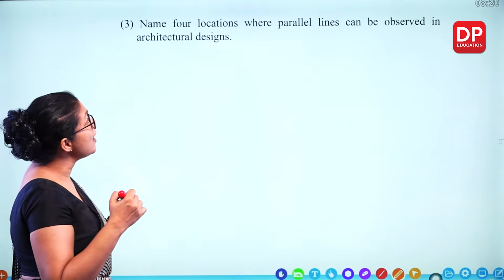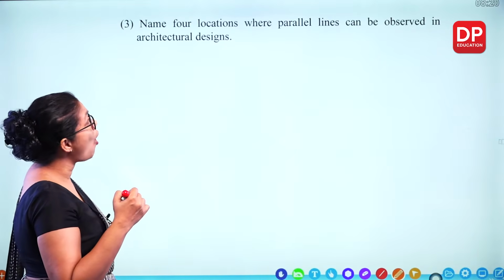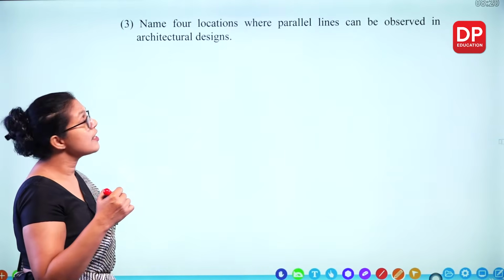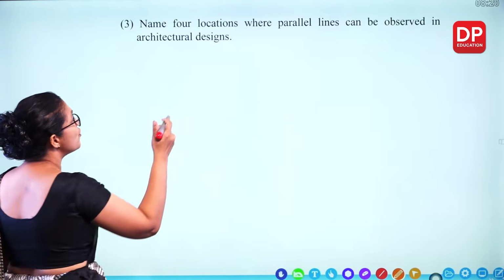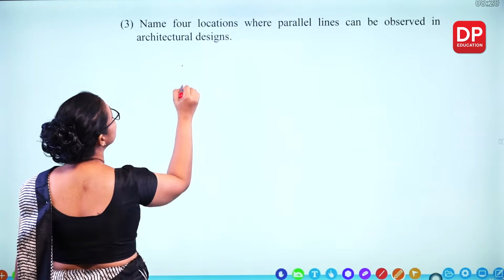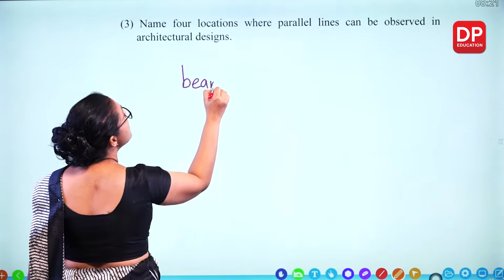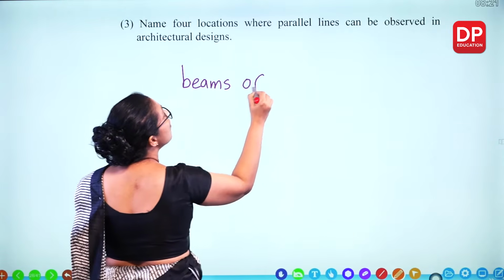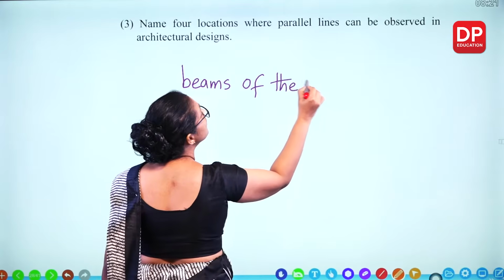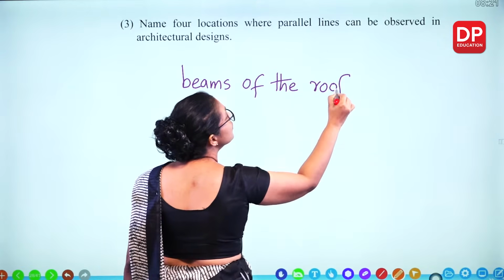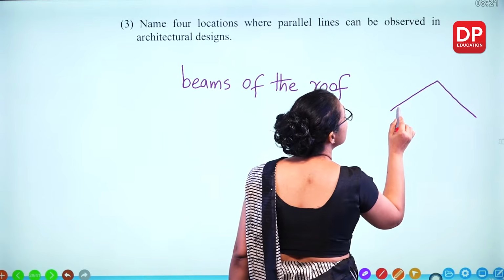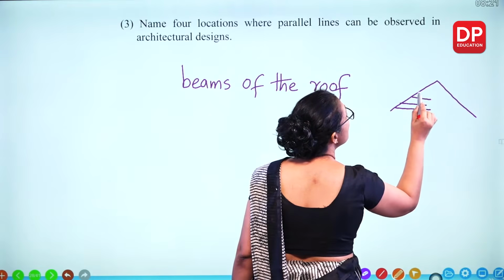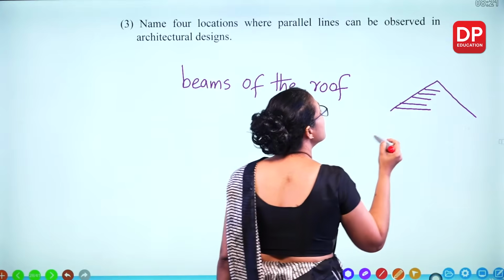Name 4 locations where parallel lines can be observed in architectural designs. So beams of the roof. So you see here you get parallel lines like this here, this way, parallel lines.